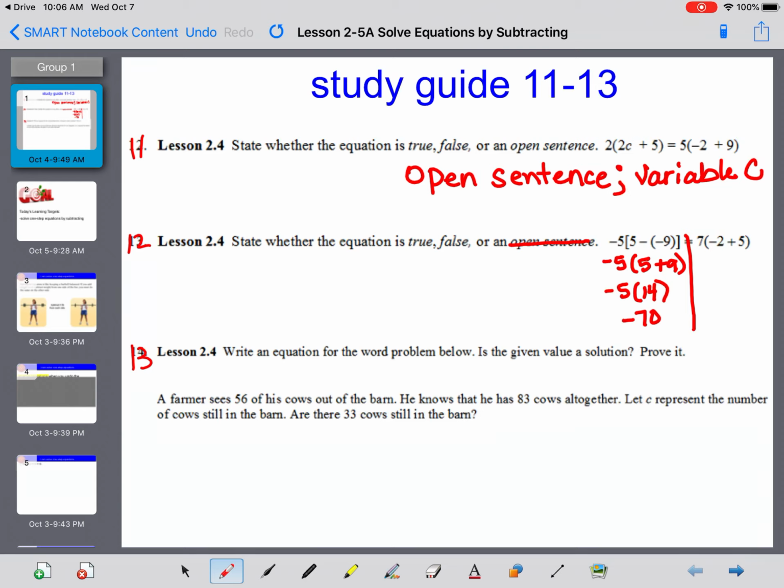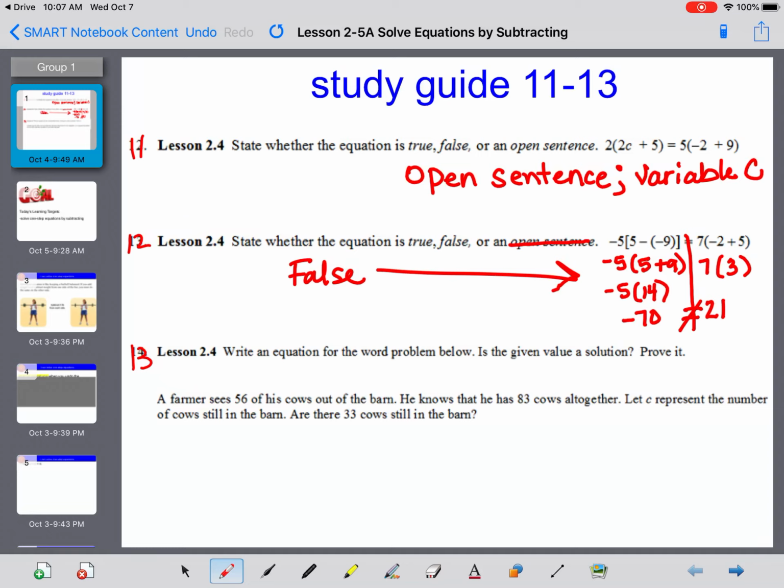And so on the other side, I've got negative 2 plus 5 is positive 3, and so that equals positive 21. And so what I end up with is a false statement. This is not true. And how do I know that? I can just reference the work as my explanation, showing that negative 70 is not equal to positive 21.